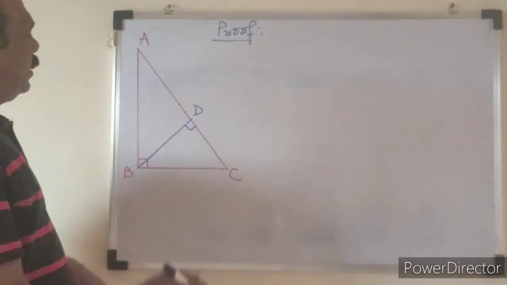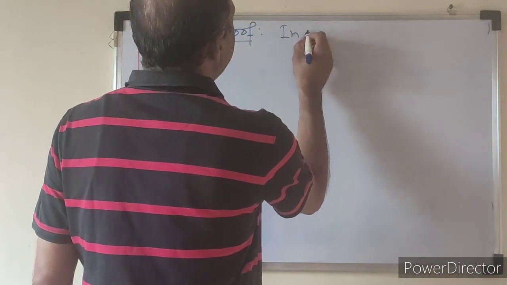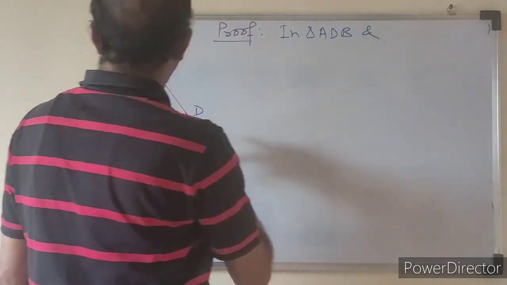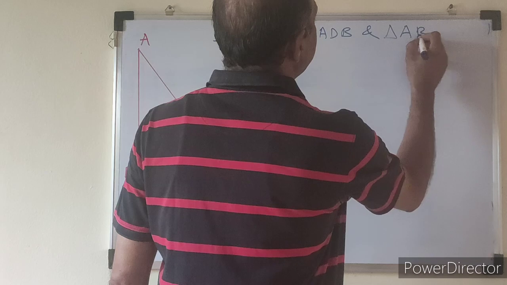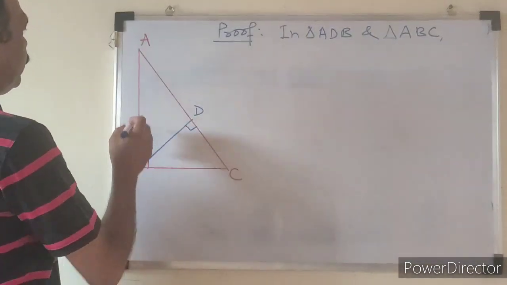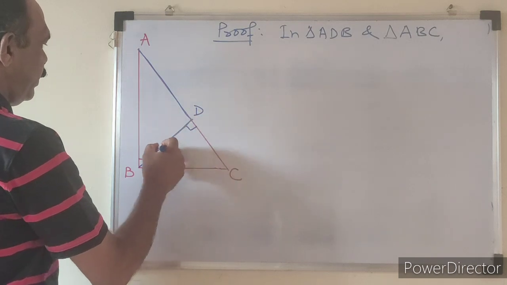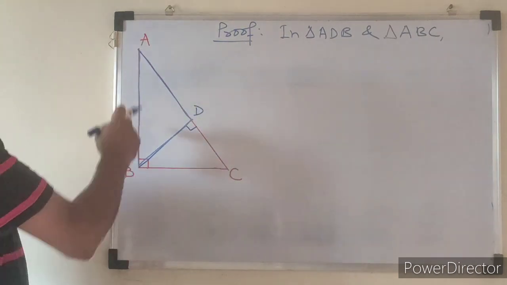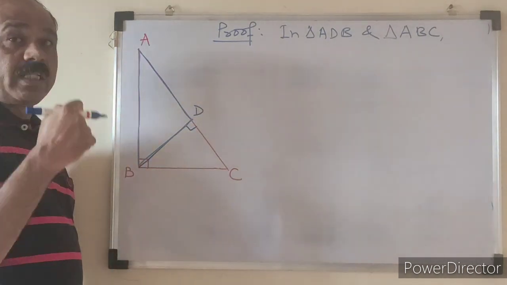Now we will say the first triangle ADB. So in triangle ADB and triangle ABC, in these two triangles, we will see which are the congruent parts.